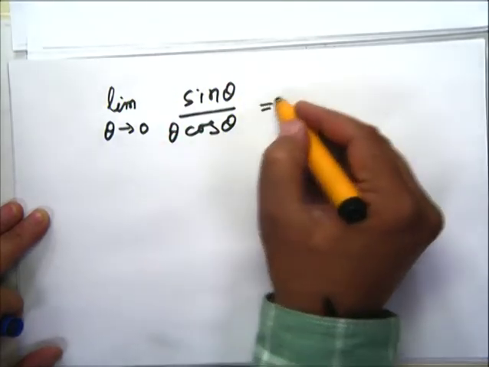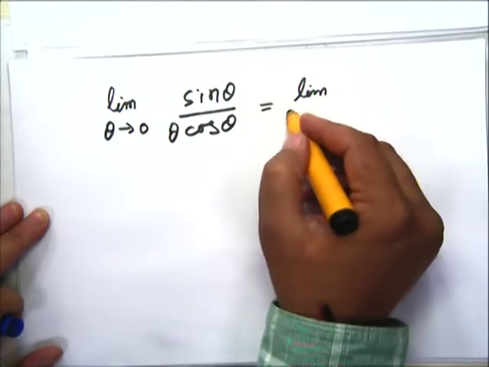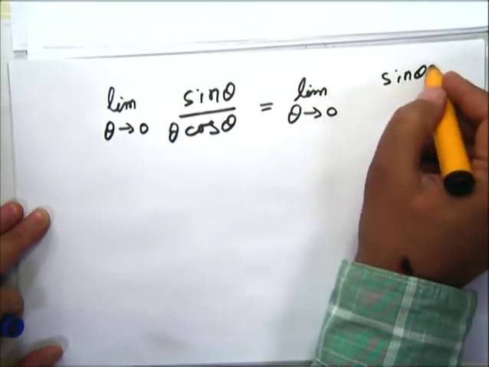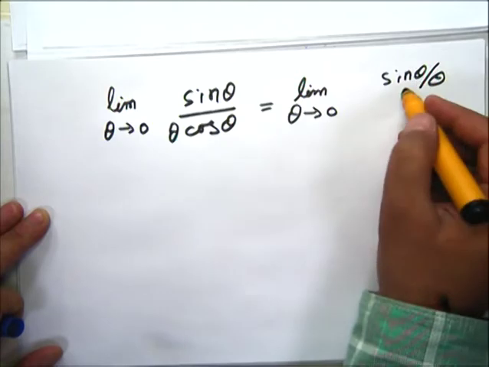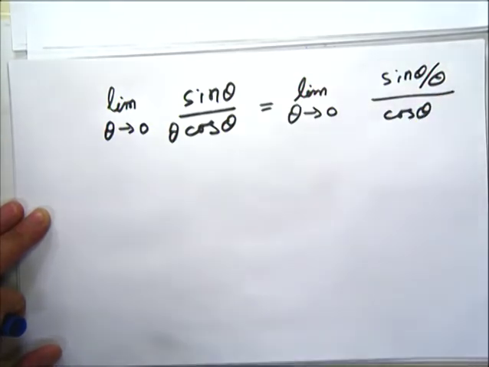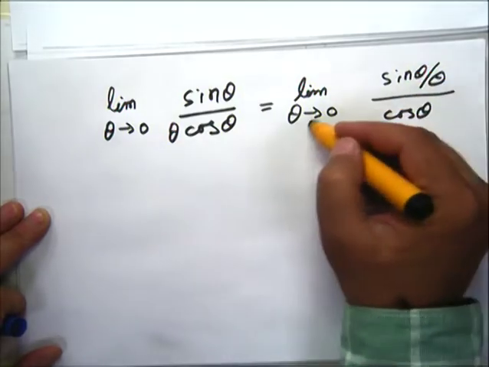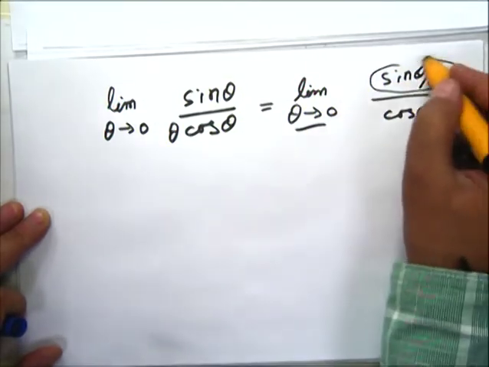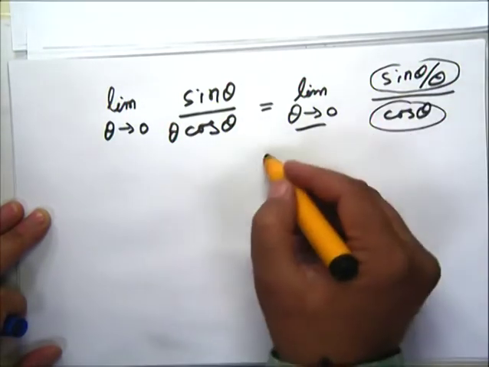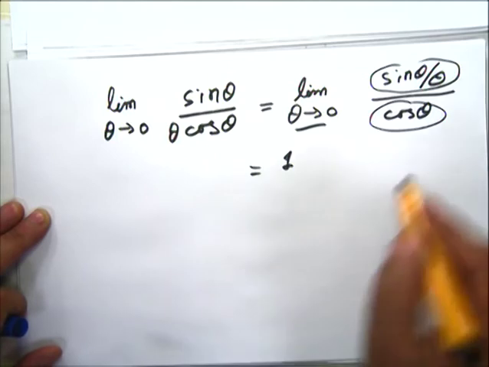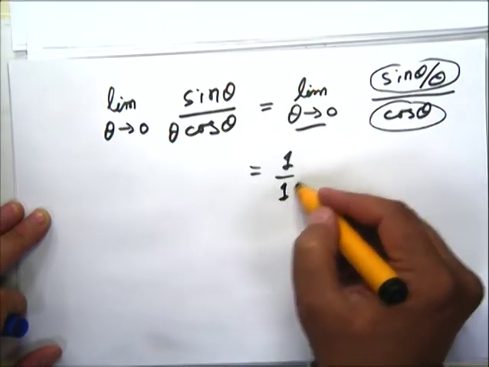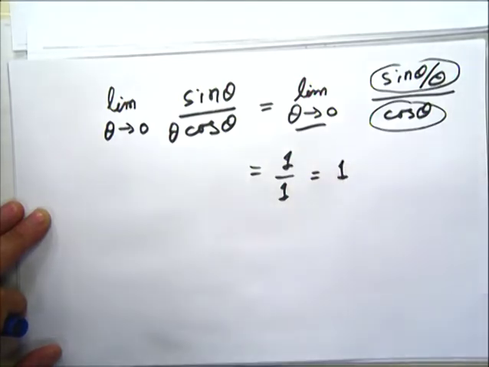So I am using limit theta tends to 0 sine theta upon theta and upon cos theta. Now we are applying the limit here: sine theta upon theta is 1, and cos theta, when theta tends to 0, is also 1, so it is 1.